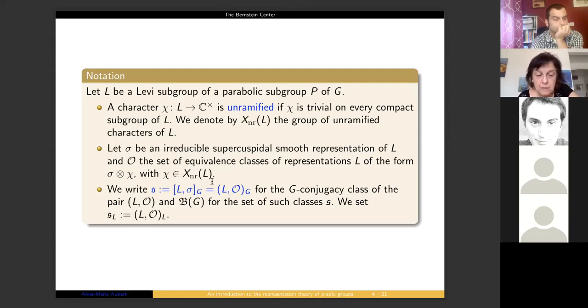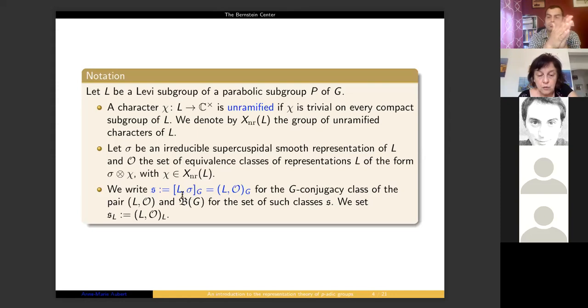And so it's very parallel to what we had yesterday. Now omega is replaced by sigma, and the equivalence relation allows twisting by any unramified character. So S will be the G-conjugacy class of a pair (L, O), and sometimes it will be easier to fix a base point, and in that case I will write it as [L, sigma]_G.